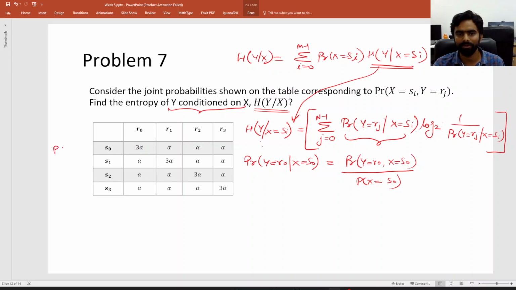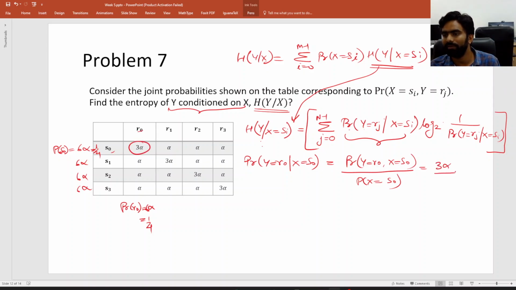The sum of this row represents probability of s0, which is 6 alpha. Probability of r0 is 1 by 4, and probability of Y equal to r0 and X equal to s0 is p00, which is 3 alpha, divided by 6 alpha. So this cancels to half.